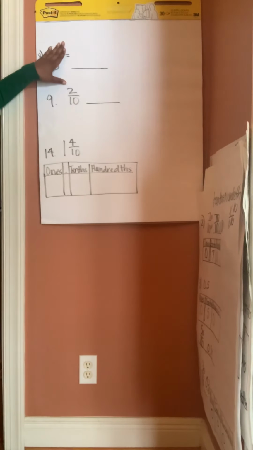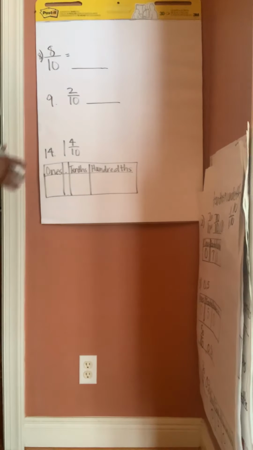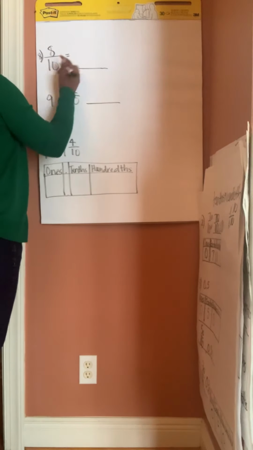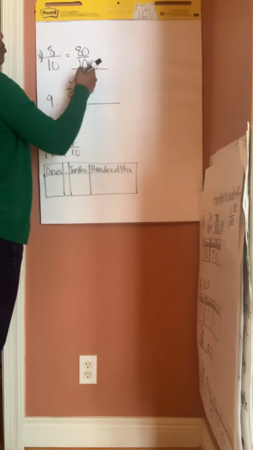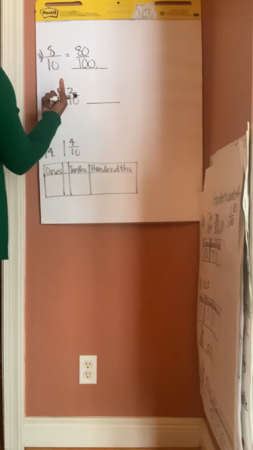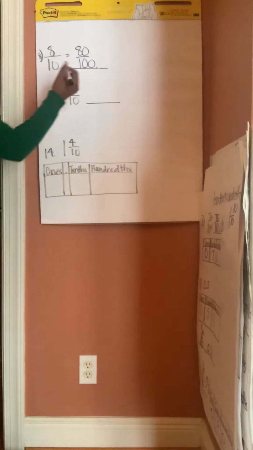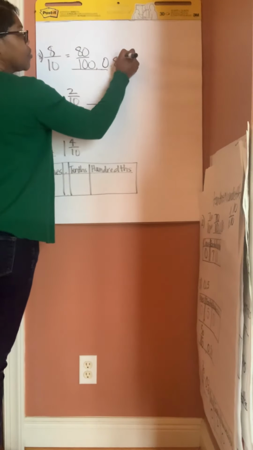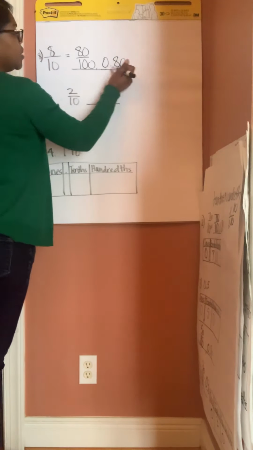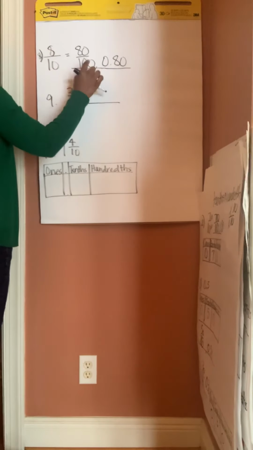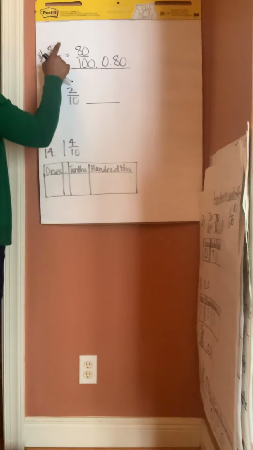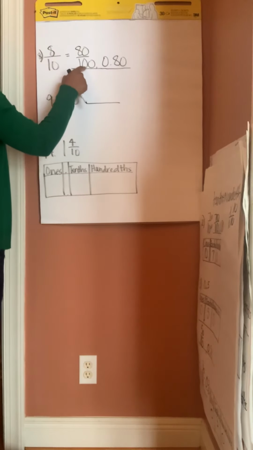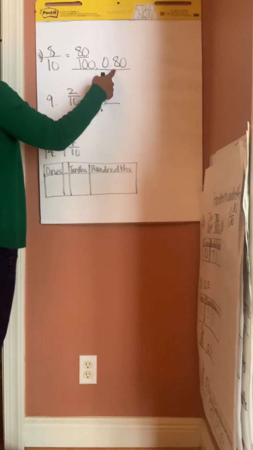They're not giving you a model. They're just asking you to do it. And so what I should see here, 8 tenths equals the same as 80 hundredths. Is that what you wrote? Notice how when you're going from 10 to 100, there's another 0 on your fraction representation and on your decimal representation.